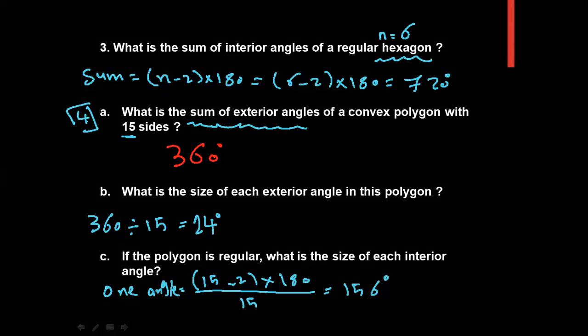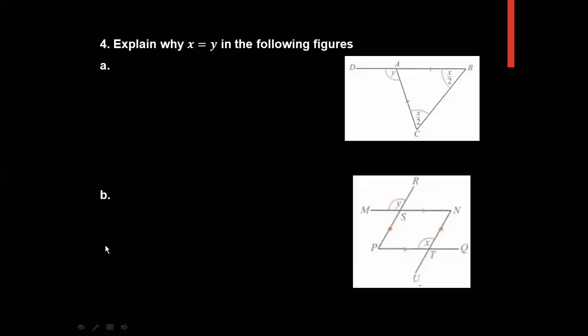Okay, let's move to the next concept. Here in question number 4, explain why x equals y in the following figure. Here I have the concept of the exterior angle of any triangle.